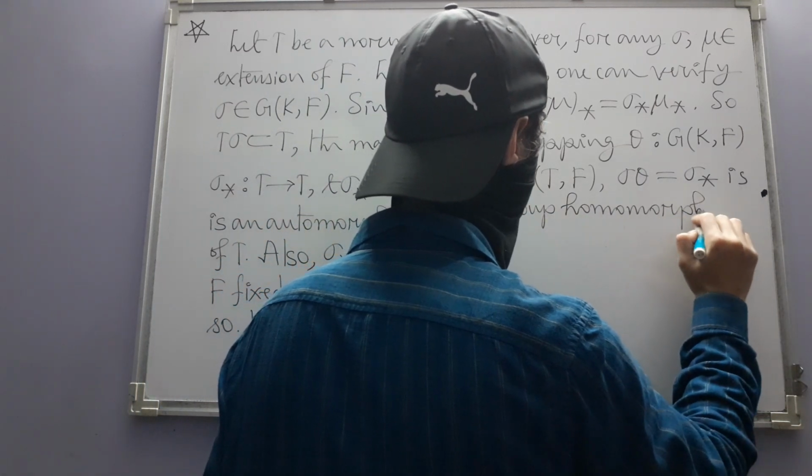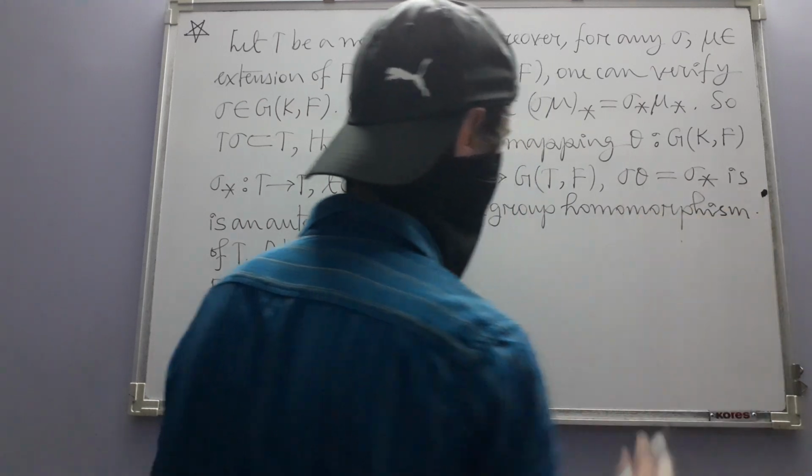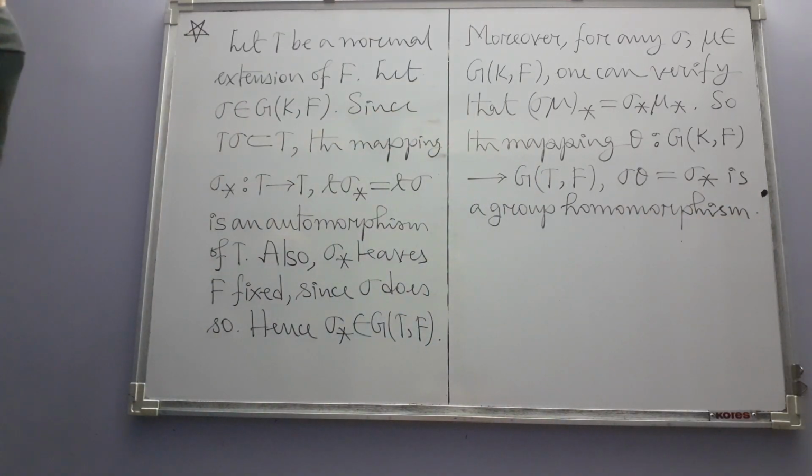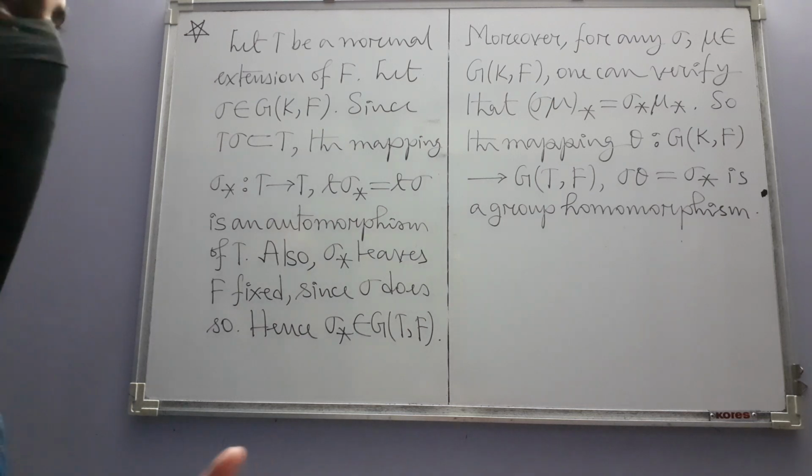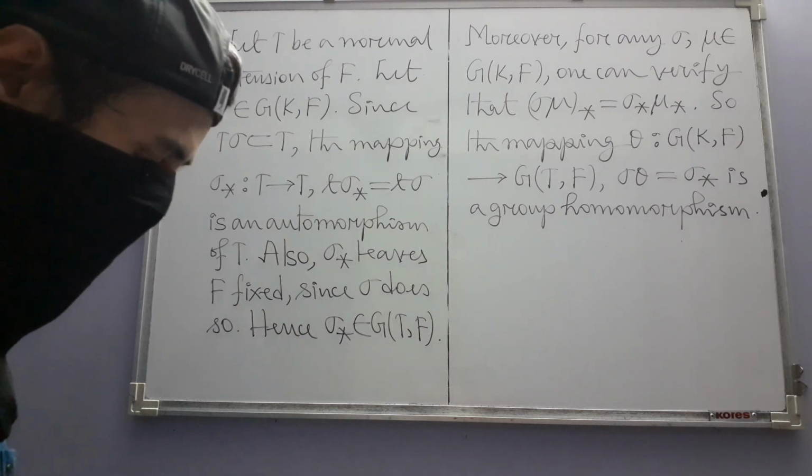Because we have fields also, no? So in order to avoid any confusion, I am calling it a group homomorphism because it's a map between groups preserving structure.